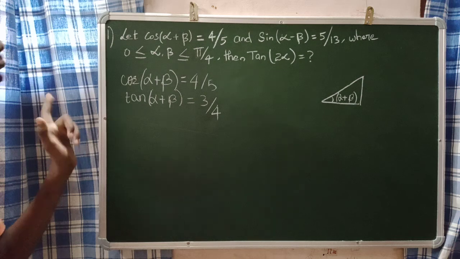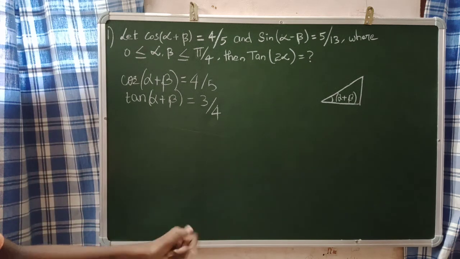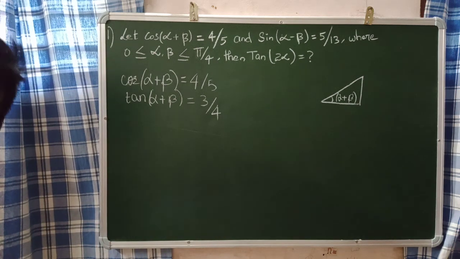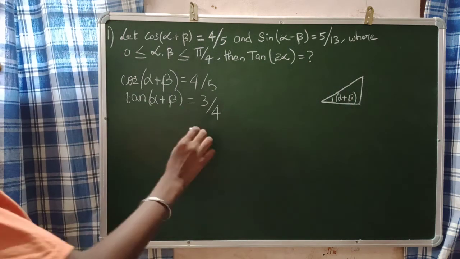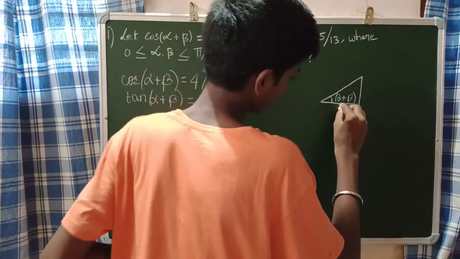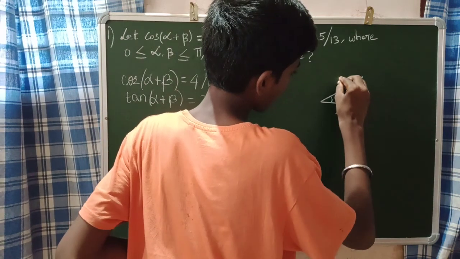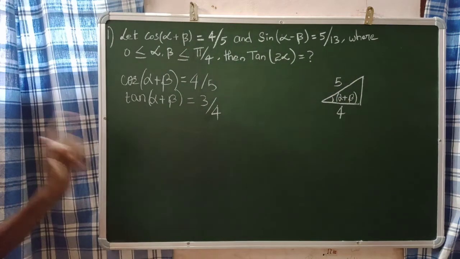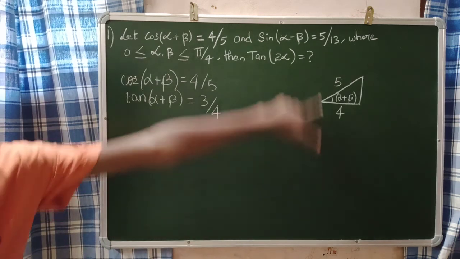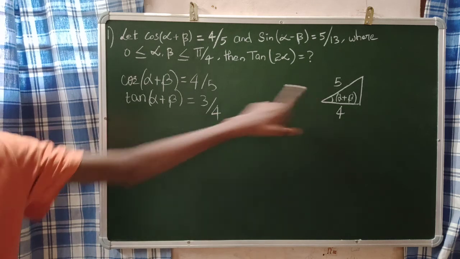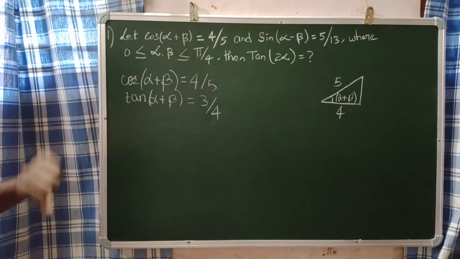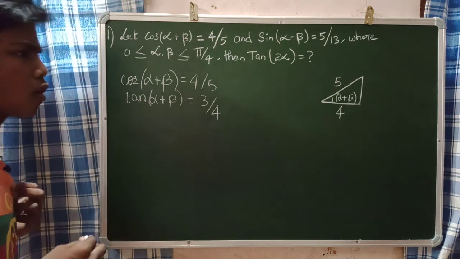As they are saying, cos(alpha + beta) is equal to 4/5. What is cos(alpha + beta)? That is nothing but adjacent to the hypotenuse. So adjacent is 4 and hypotenuse is 5. As cos theta is adjacent divided by hypotenuse, cos(alpha + beta) is 4/5. If hypotenuse is 5 and adjacent is 4, what will be the value of opposite?